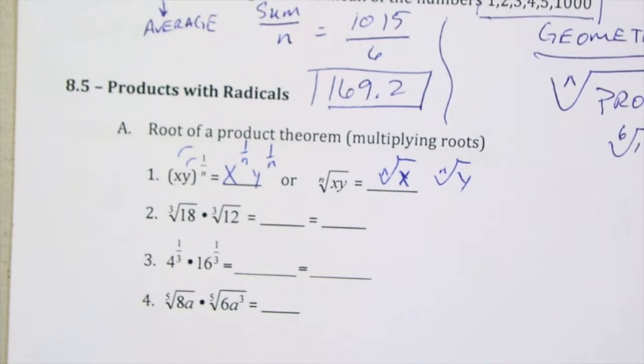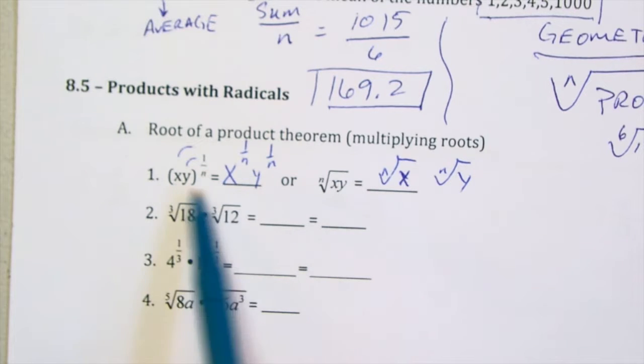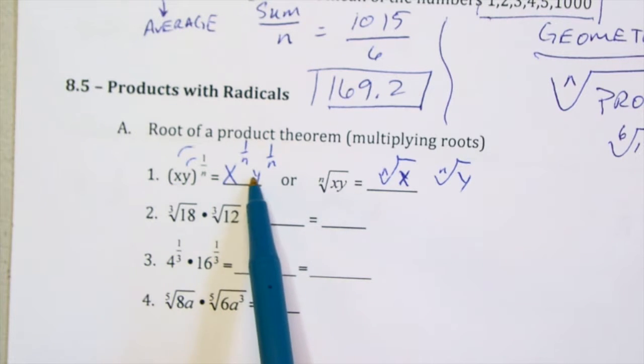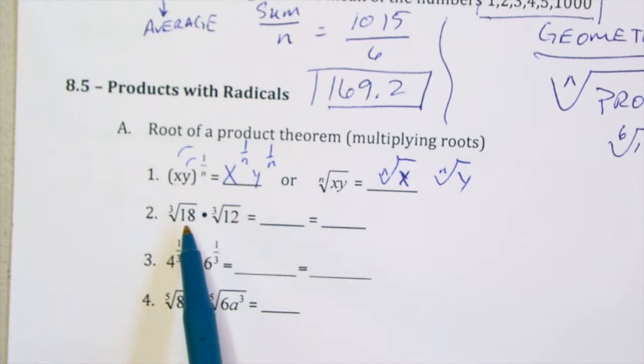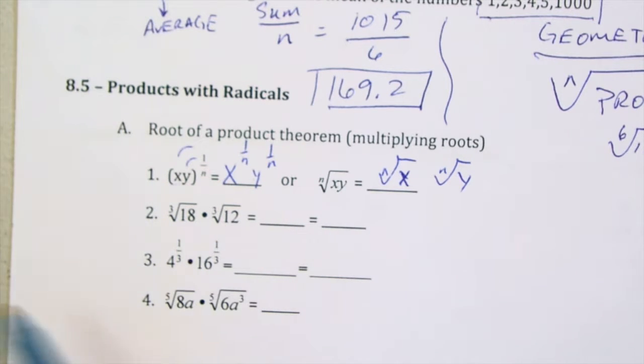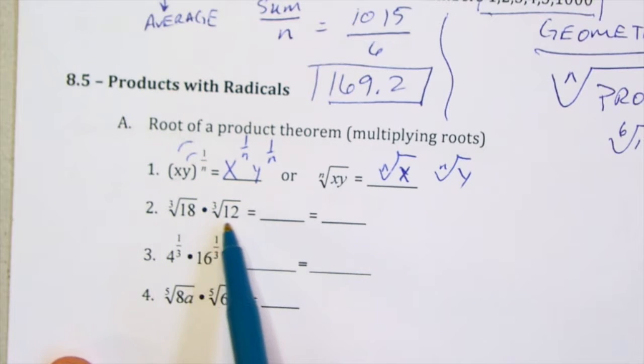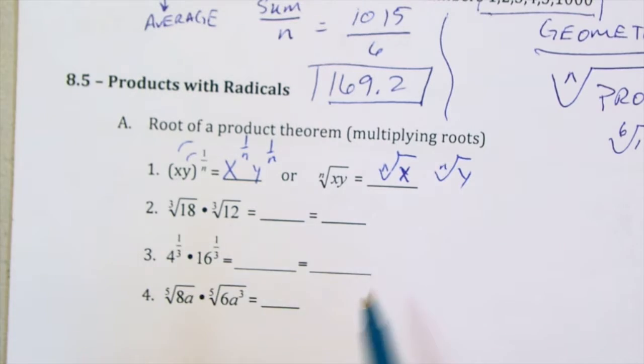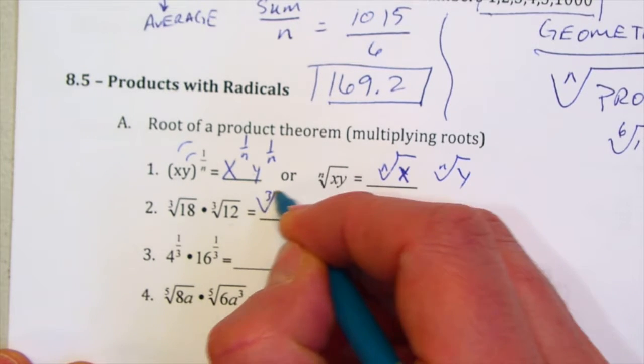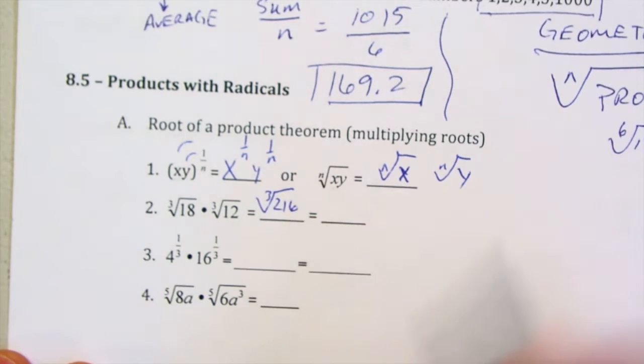Well, if we use this property in reverse, this says if you have multiple things underneath, you can separate them. If we use it in reverse, if you have separate roots, you can multiply them together. So what we could do is take these two numbers, the 18 and the 12, and multiply them. 18 times 12 is 216, and call this the cube root of 216.